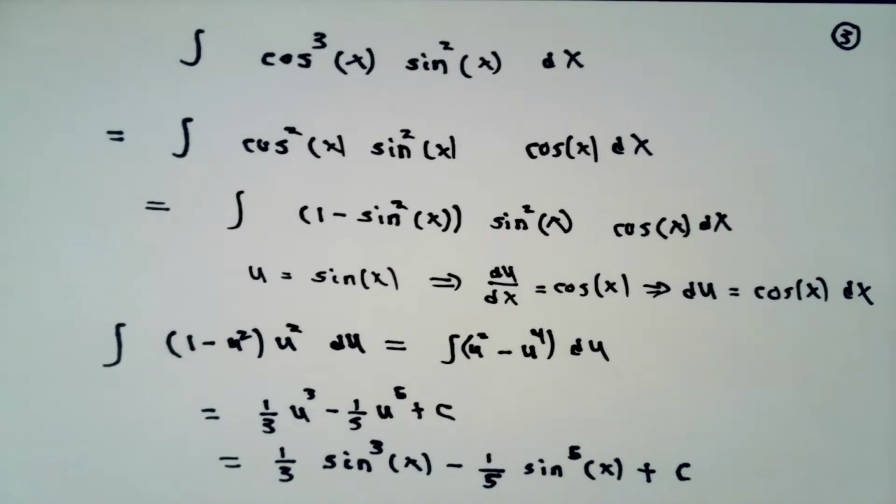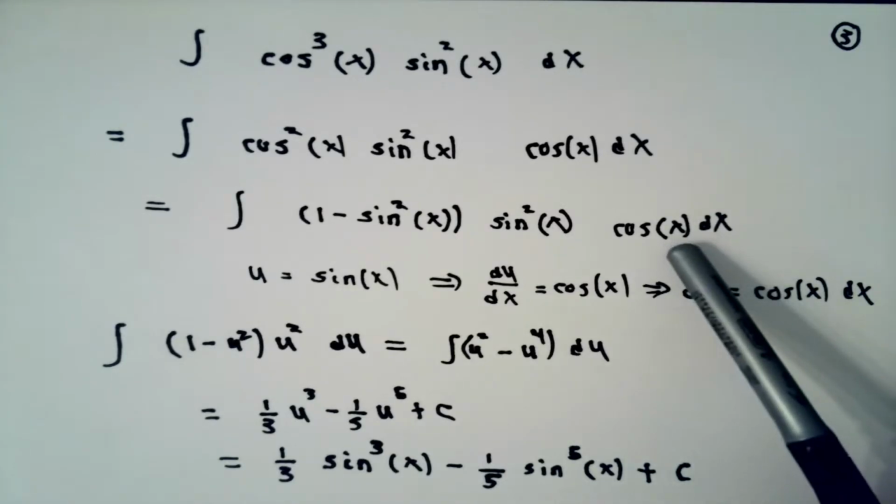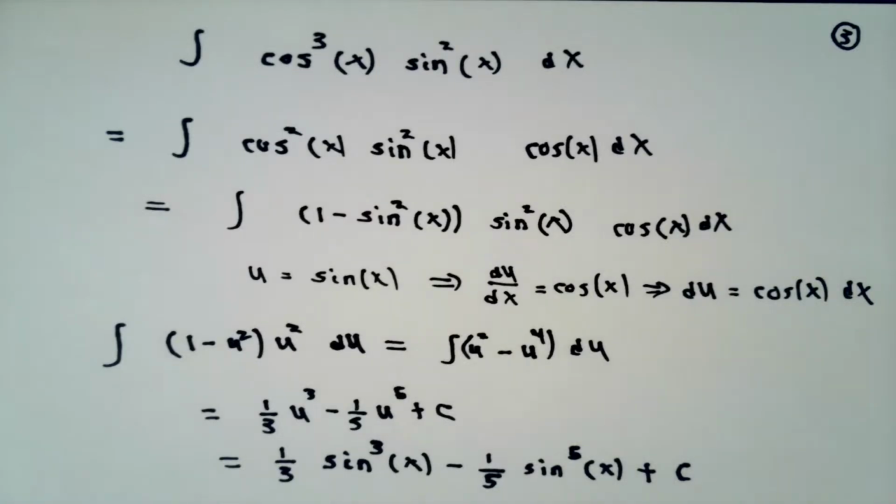Letting u equal sine of x, du/dx is cosine x, so du is cosine x dx. The rest of it, 1 minus sine squared, is 1 minus u squared, multiplied by sine squared, which is u squared. Cosine x dx is du.